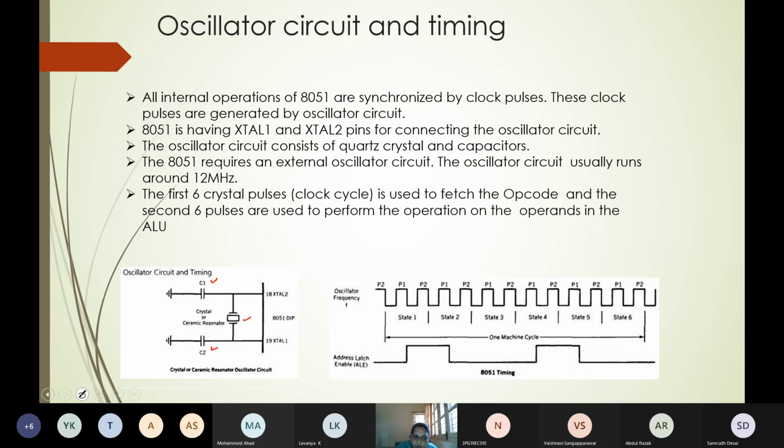Why is this line used? Vaishnavi, why is this line used, address latch enable? Samrudh?